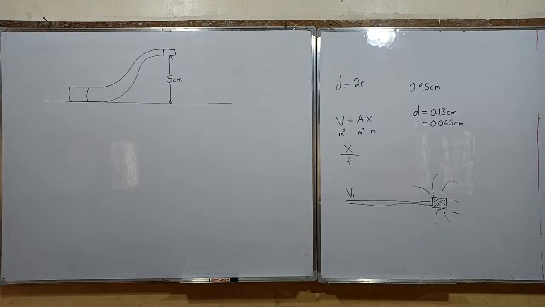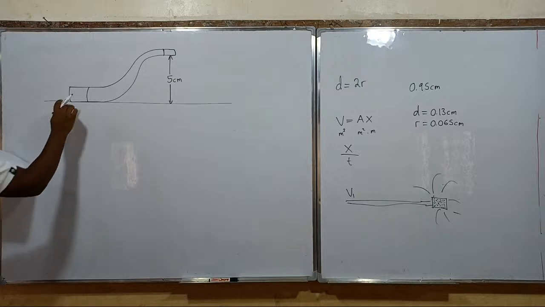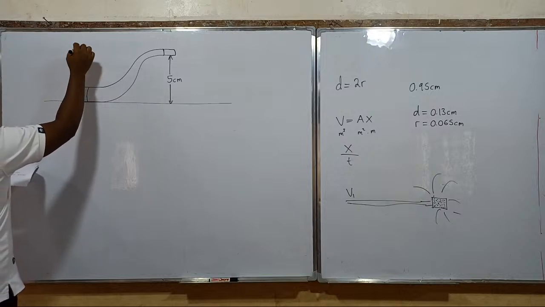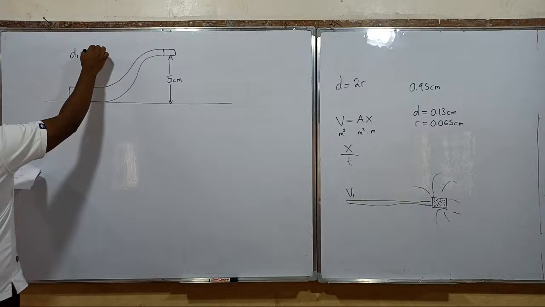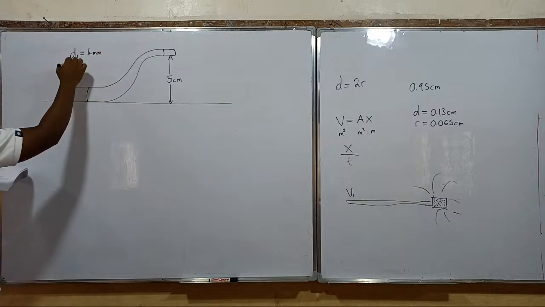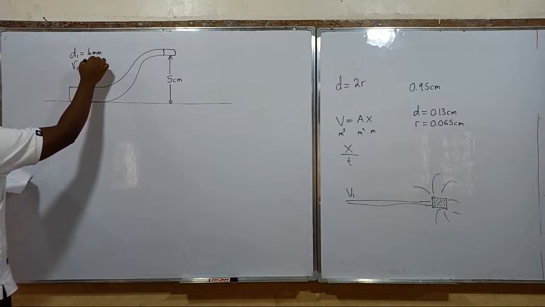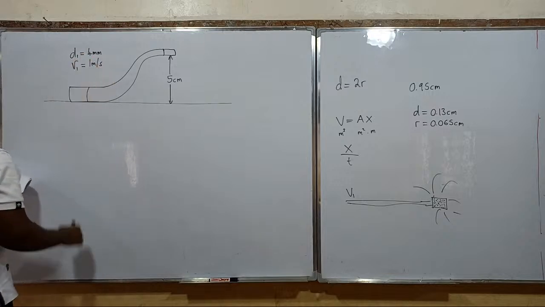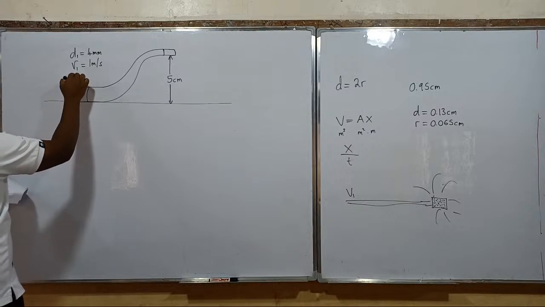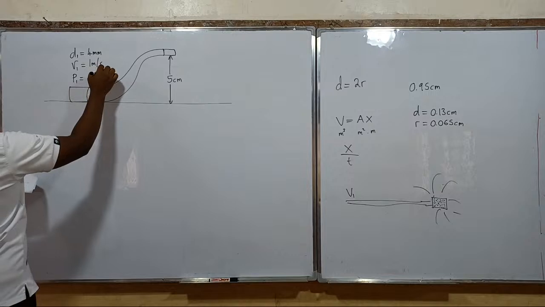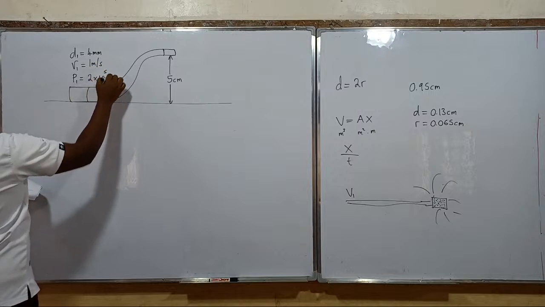So on this end, the diameter of the pipe, let's call it diameter 1, is 4 millimeters. The water is moving at a speed of 1 meter per second. Then there is a pressure, which we'll call P1, of 2 times 10 to the power 5 pascals.